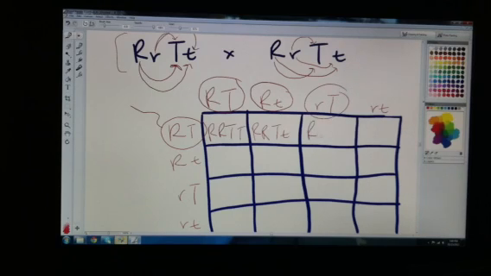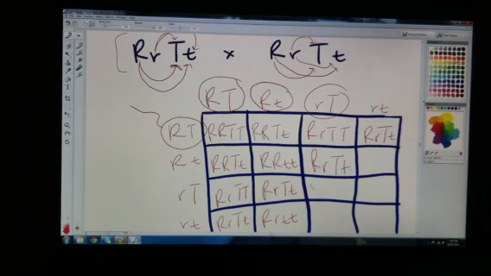This egg, etc. And you would just fill in your Punnett square like that. Okay.